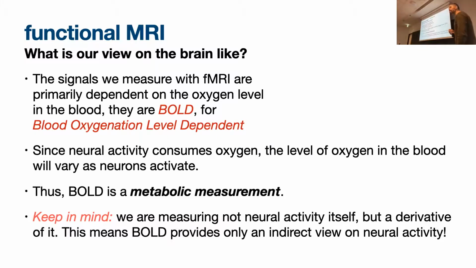But in fMRI, we don't measure anything electrical. We measure things by means of magnetism, but in a later lecture, a colleague of mine will show you that this has nothing to do with the electromagnetism of the brain itself. The signals that we measure with fMRI are metabolic.